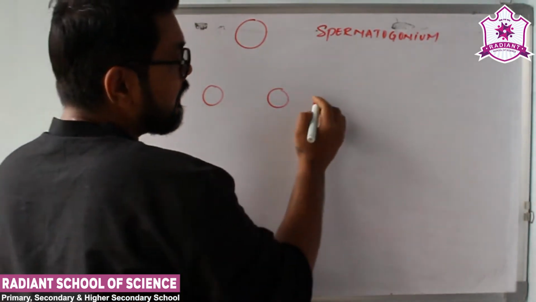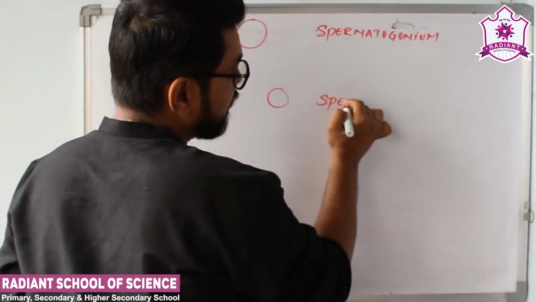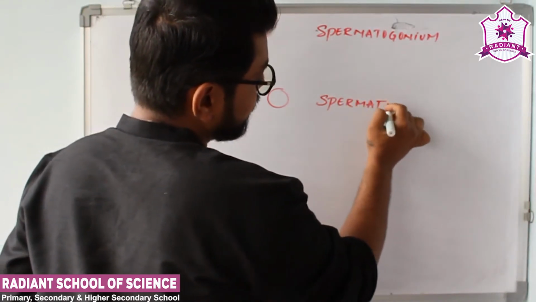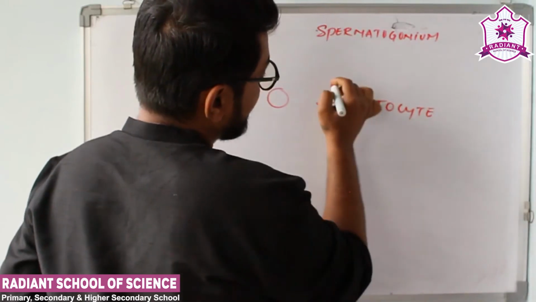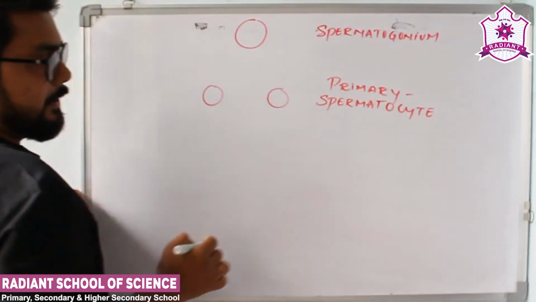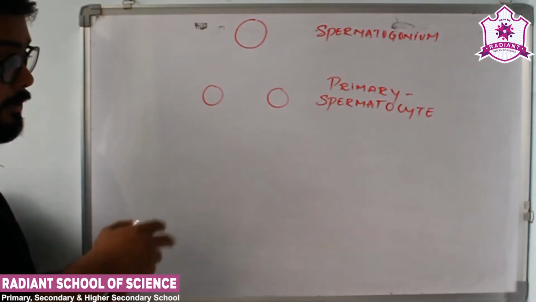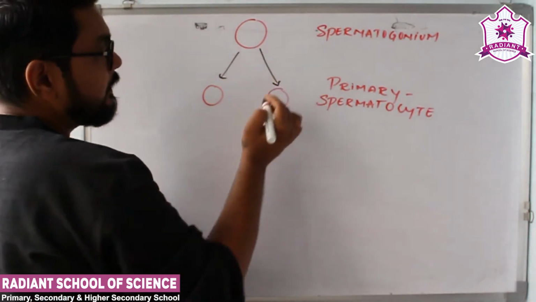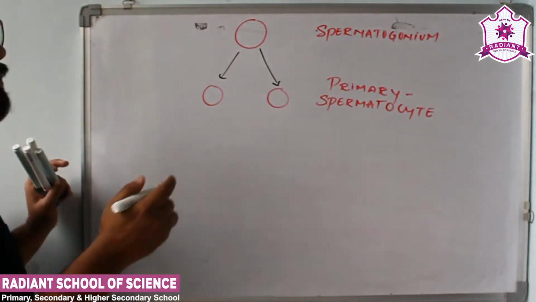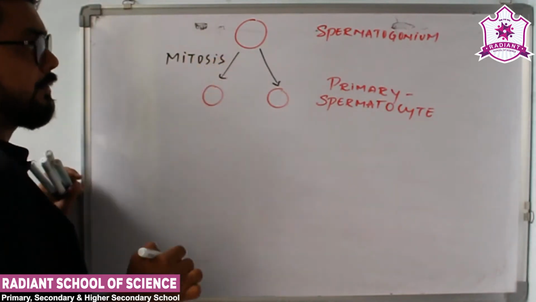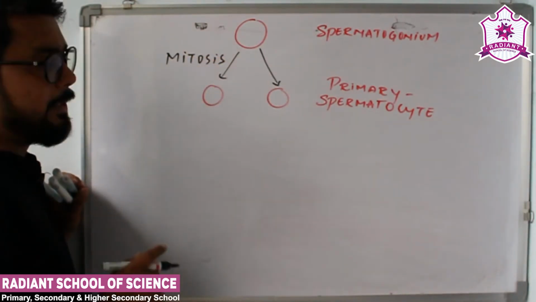These two cells which are formed are termed as primary spermatocytes, and the process that happened here is known as mitosis.